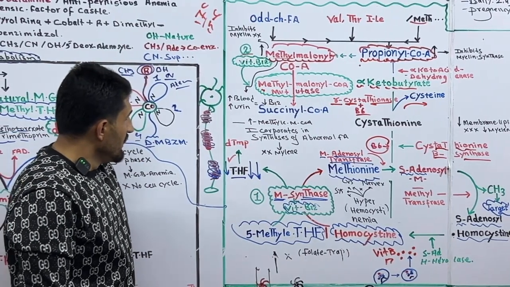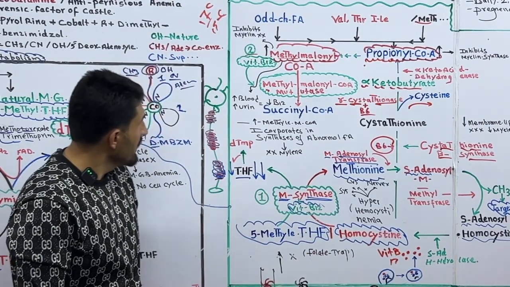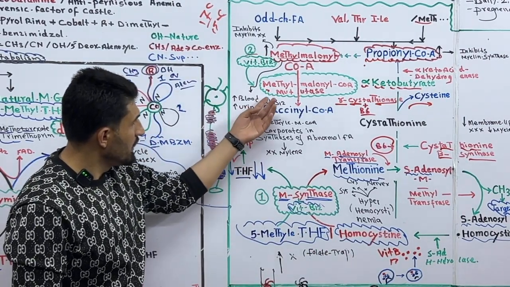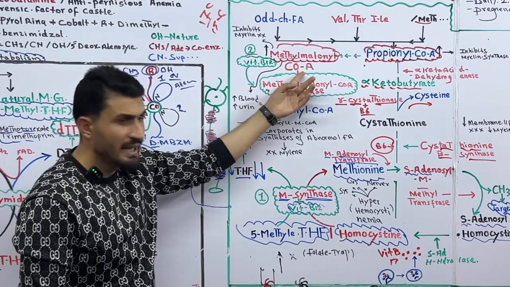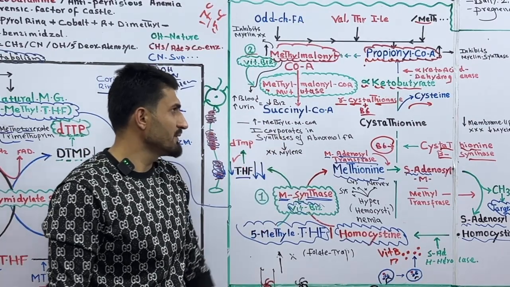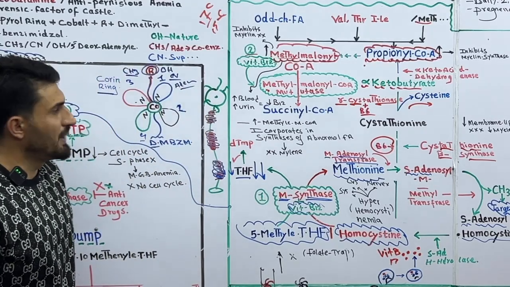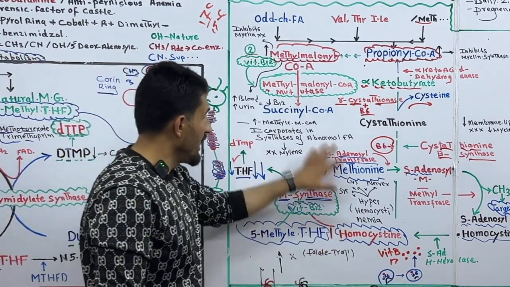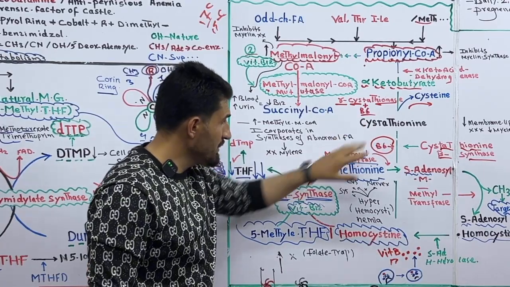Okay, got it? We talked about homocysteinemia, and also if it doesn't work properly, methylmalonyl CoA increases in our blood and in our urine, plus vitamin B12 decreases in our blood. Got it? So this was all about the process and metabolism of vitamin B12.